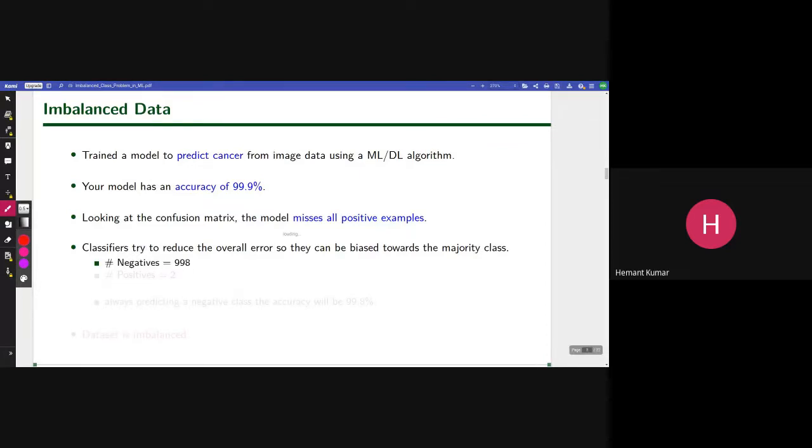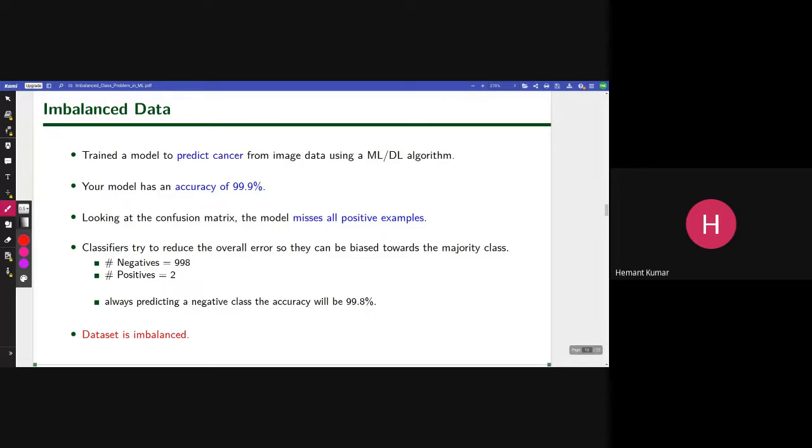Just like that, we may have many negative training examples and only a few positive examples, and the model is biased towards the negative samples but misses the positive samples. In that case, the model is not good, and accuracy is not a good way to say whether a particular model is good or not. So that data set is imbalanced.